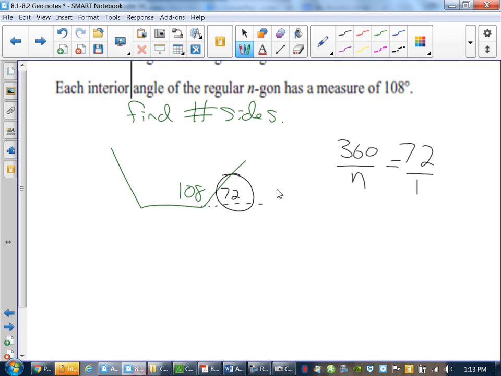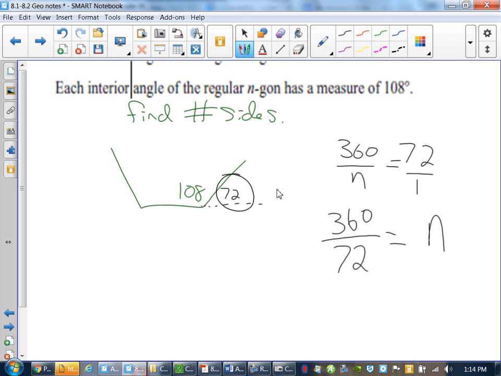What did we do whenever the variable was in the denominator? We could cross multiply. What did I always say though? Exchange-o, change-o. You're still doing that. So 360 divided by your outside angle gives you number of sides.